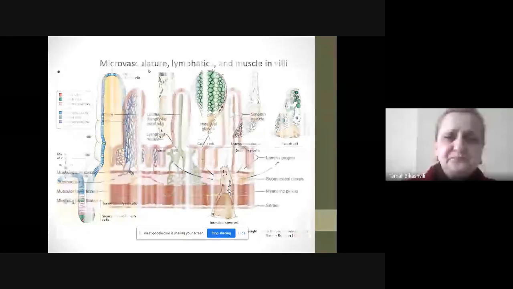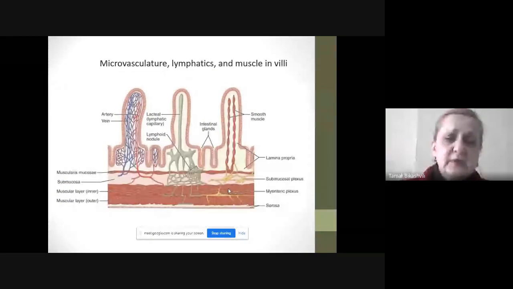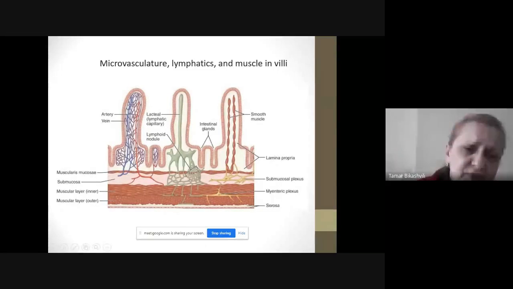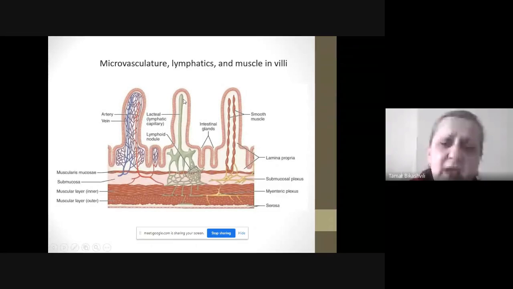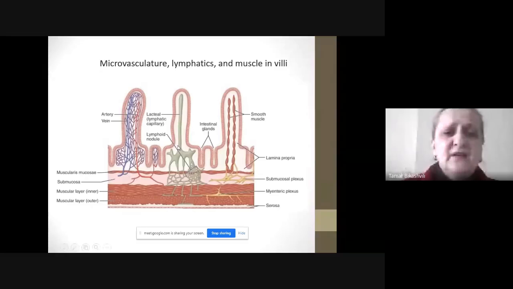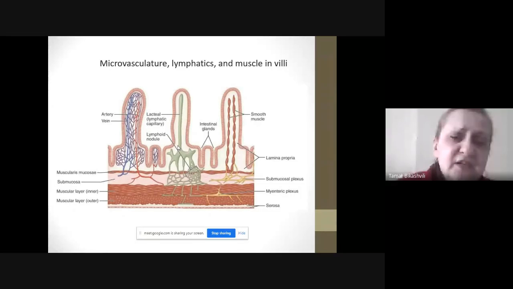Then the villi. The villi have an epithelial lining with lamina propria. The lamina propria contains blood vessels, small blood vessels, of course. In the center of each villus is a lymphatic vessel, a lymphatic capillary, and the name of this is the lacteal.